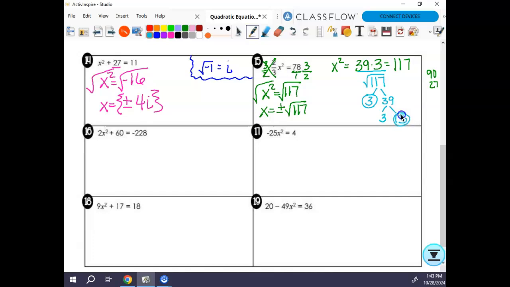And those are both prime numbers, right? So then x is just equal to plus or minus, and once I clean it up, these two come out as 3 square root of 13. You got it. Okay. Y'all good on that?